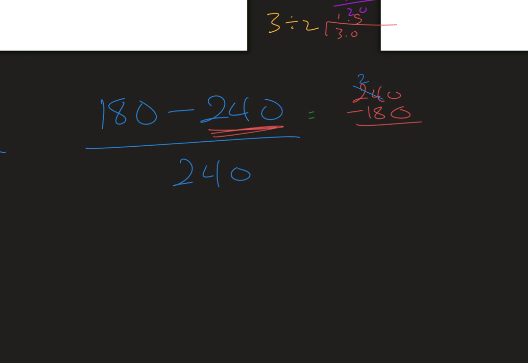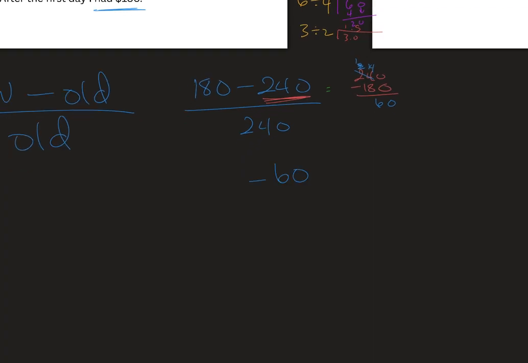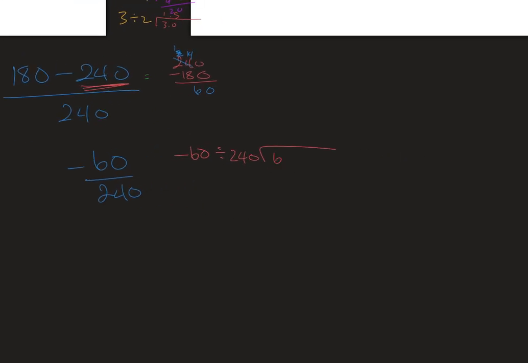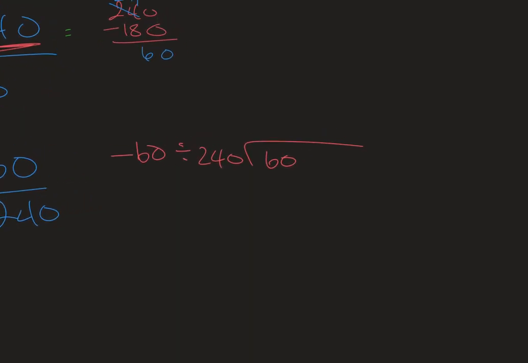So if it's going to be negative, then why not solve it like this and go, okay, 240 minus 180. So 1 and 14. This is 6. So it's 60. So we have a negative 60 over 240. We don't need to make it negative here because we're just going to keep in mind that the answer is negative, okay? So 240 goes into 60? No, it doesn't. So we need a decimal. 240 goes into 600? Yes.